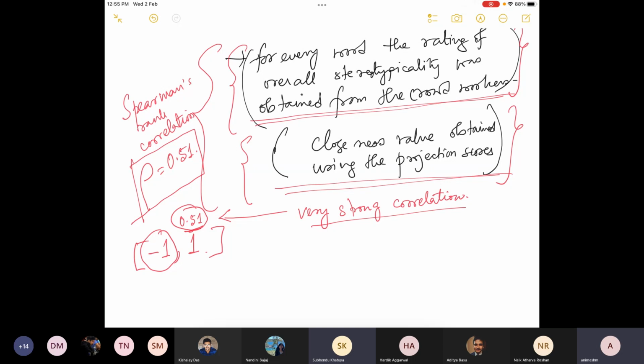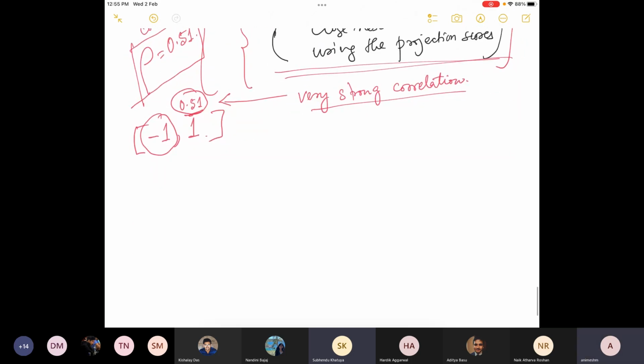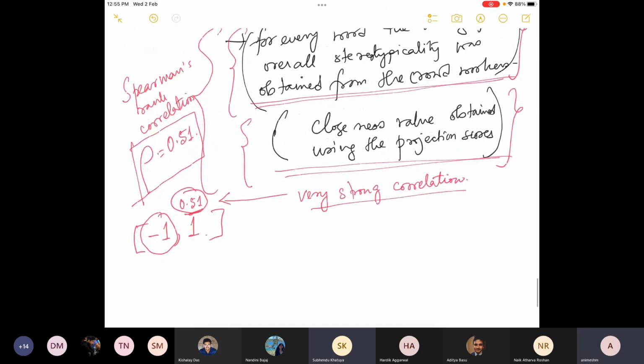So basically what you are showing is that the embeddings generated by these models actually have a strong stereotypicality in the representation of the occupation words. This is the first exploratory analysis that the authors did.